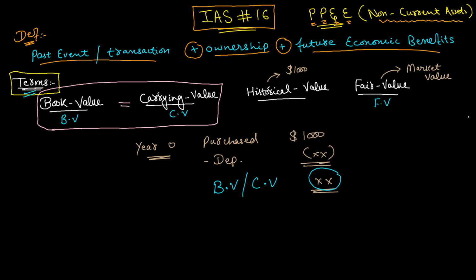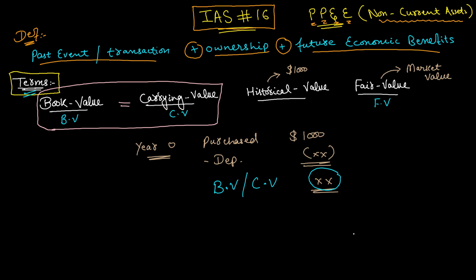And some companies may also have a revaluation policy, but I don't think that it will be tested at this level. Anyways, if you are interested, then you may listen to this part, otherwise you may skip it, okay? And don't worry if you don't understand it, because it will not be tested at this level.